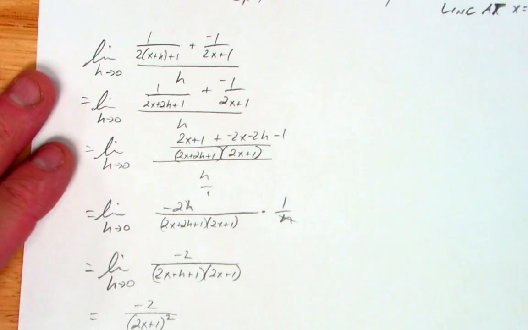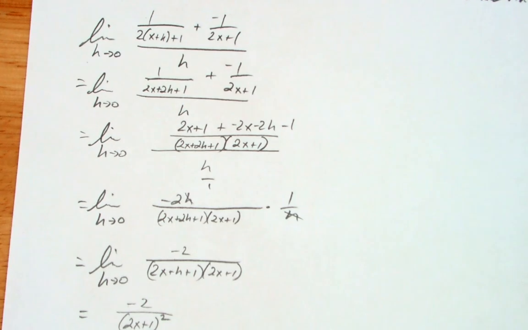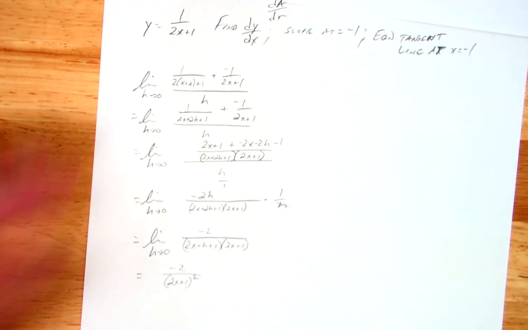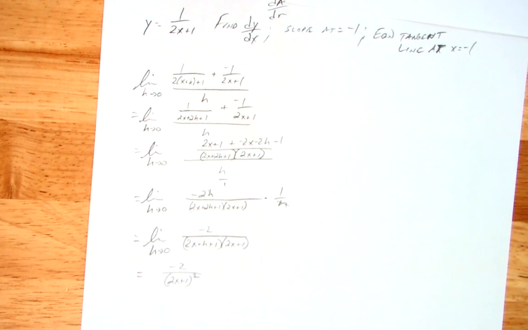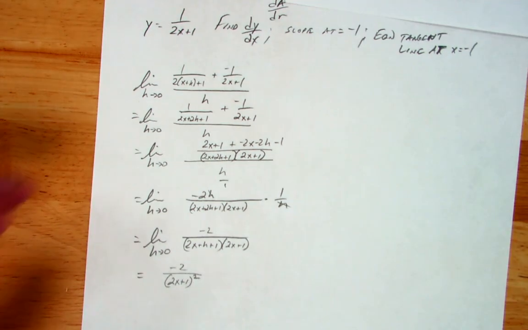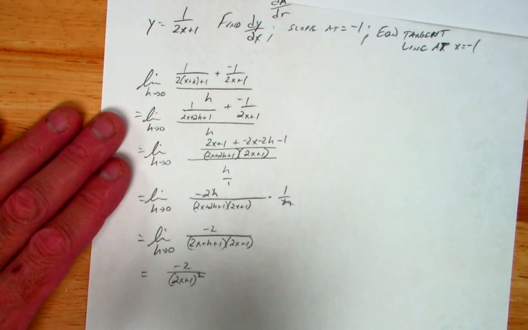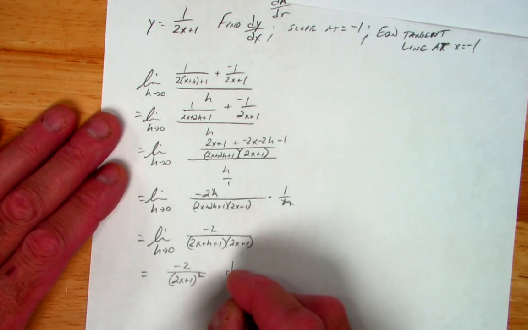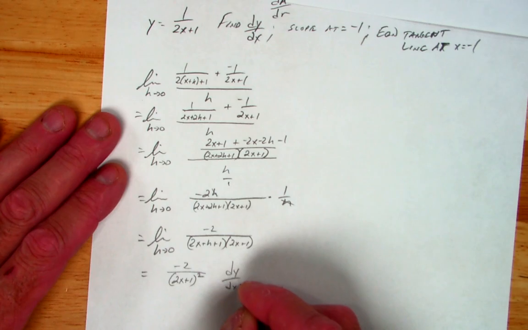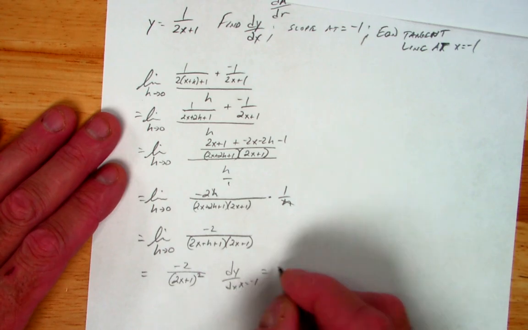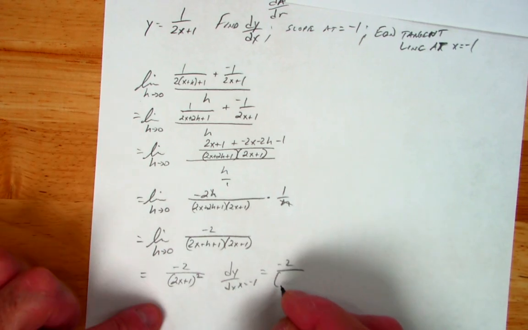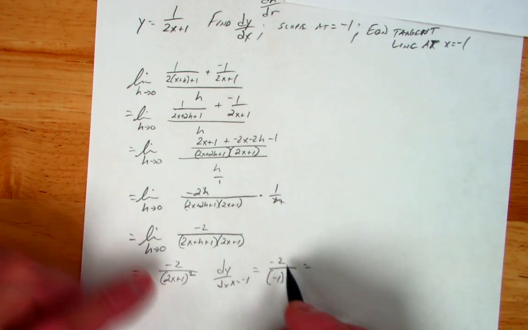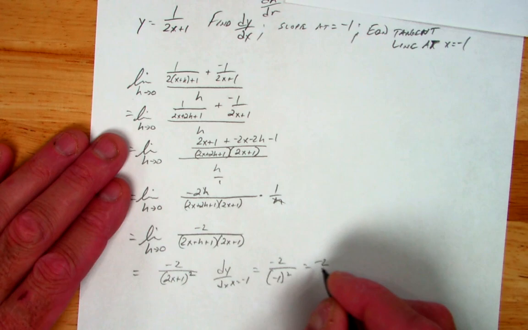Okay, so let's think about this as a whole. I want to find the slope at -1. Well, I plug in -1, and my white balance is not adjusting for me automatically anymore. So the slope, dy/dx, at x equals -1 is -2 over (-2 plus 1) squared, which gives me -2.